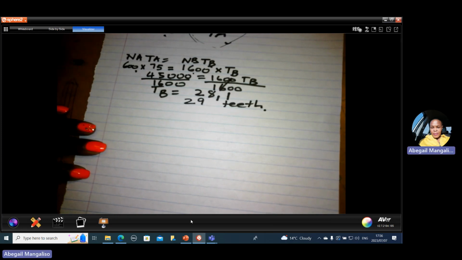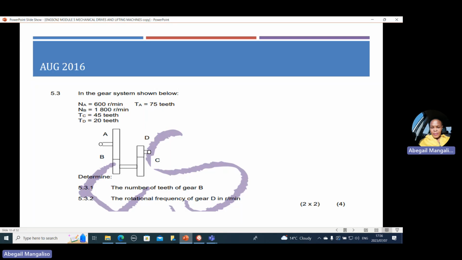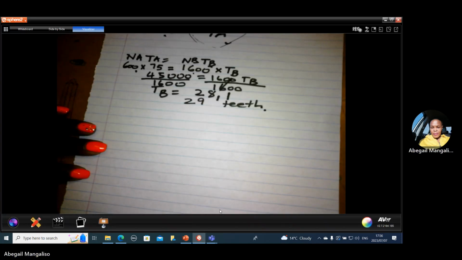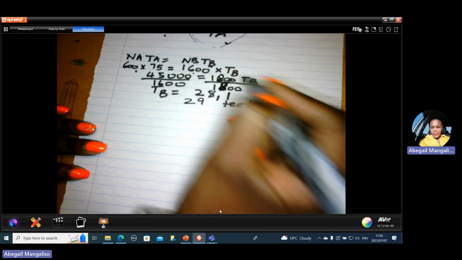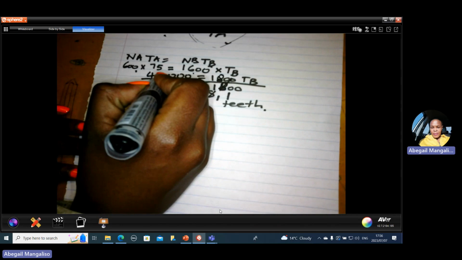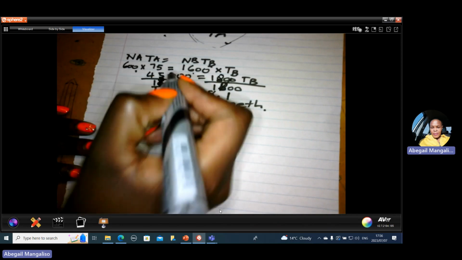So you were given 600 multiplied by 75, which is 45,000. And NB is 1,800, sorry, let me fix that. It is 1,800 divided by 1,800 on both sides.